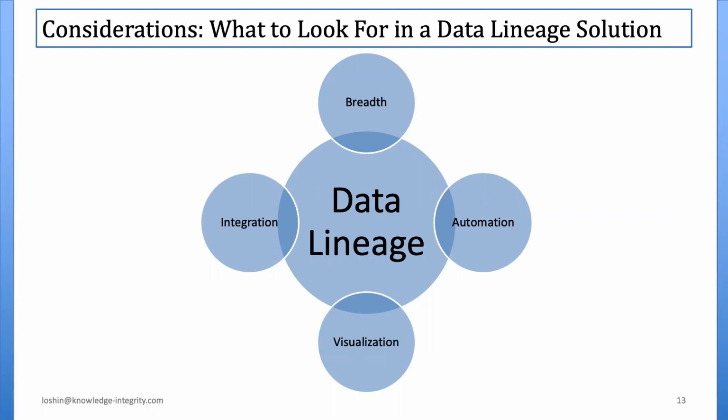The third is visualization. You've got to have an intuitive method for providing the right level of detail in a visualization to each type of persona, especially as the number of data pipelines increases and the complexity of those pipelines grows.